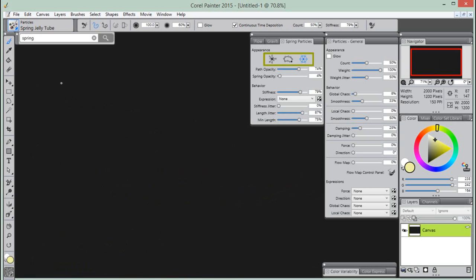The appearance controls let you choose a nucleus, chain, or geometric appearance for the particle pattern.